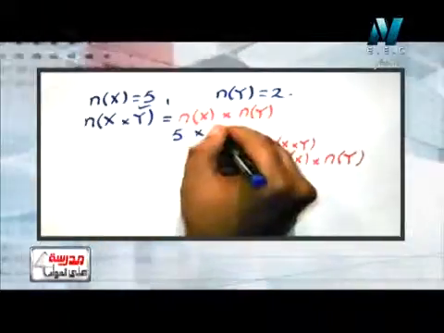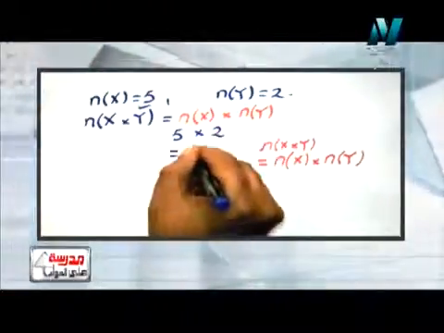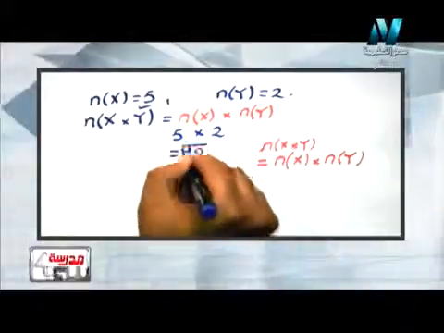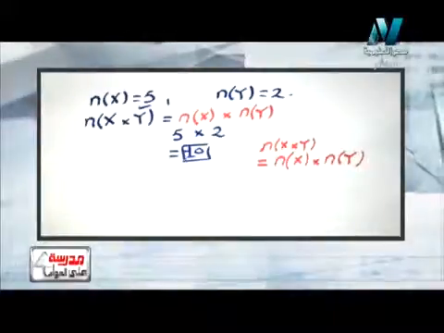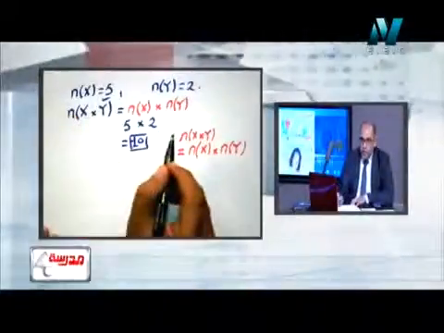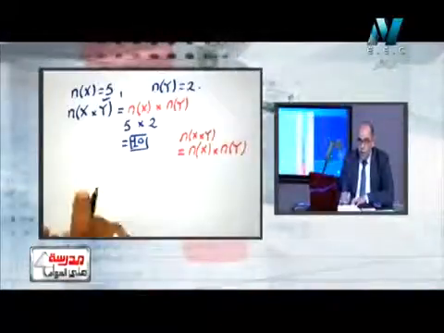Then 5 multiplied by 2 equals 10. This means the number of ordered pairs of X product Y will be 10 ordered pairs.